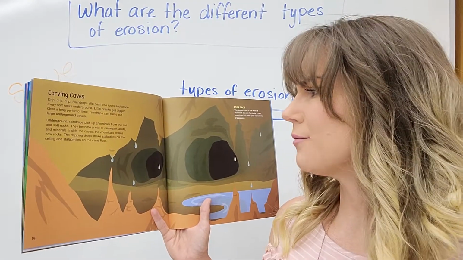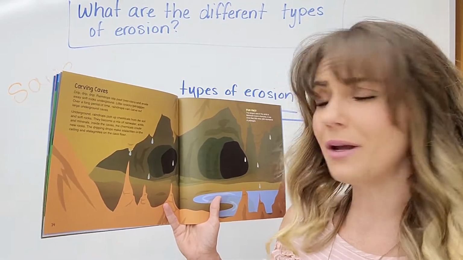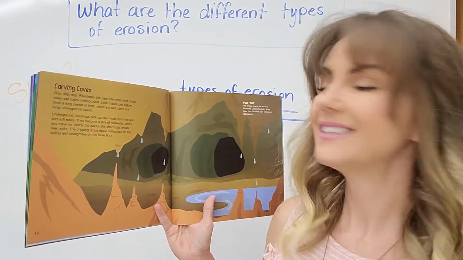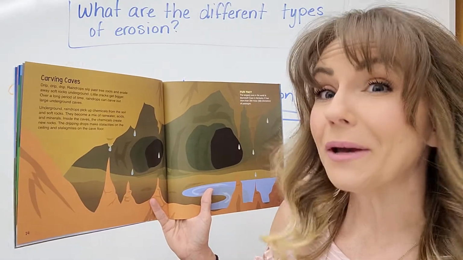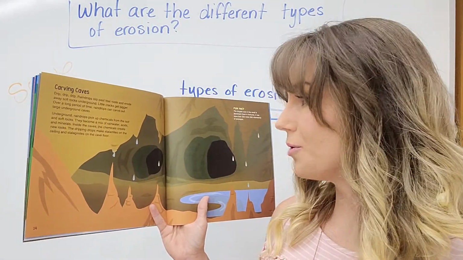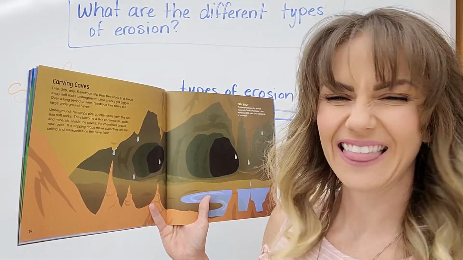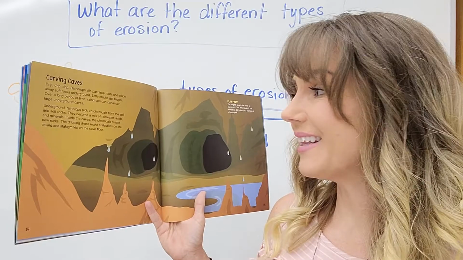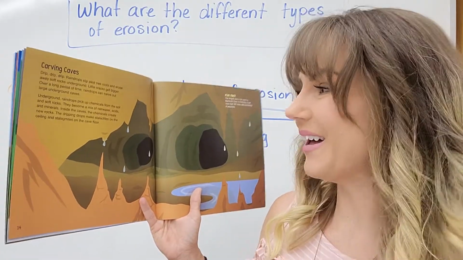They become a mix of rainwater, acids, and minerals. Inside the caves, the chemicals create new rocks. The dripping drops make stalactites on the ceiling and stalagmites on the cave floor.